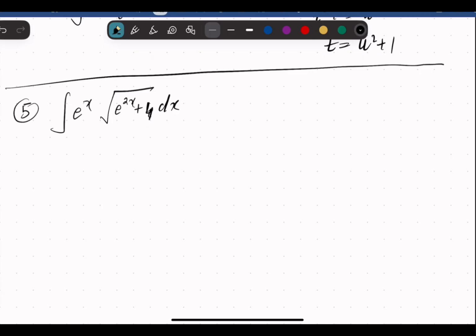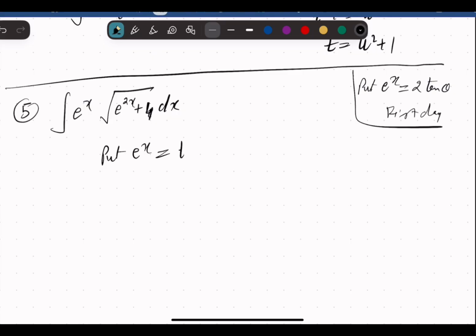If you do not want to do it that way, from that video, what you can do is put e power x equal to 2 tangent theta. That is the first way if you want to do it that way, but I will do it the second way: put e power x equal to t.